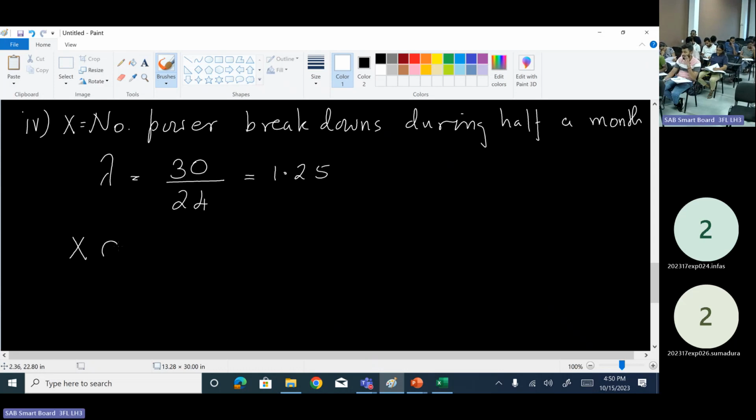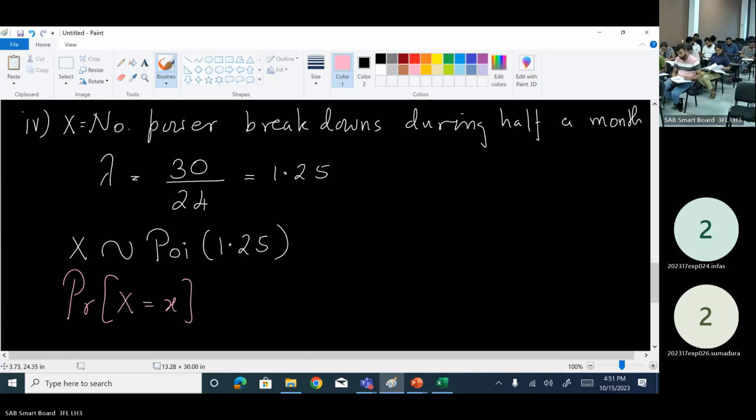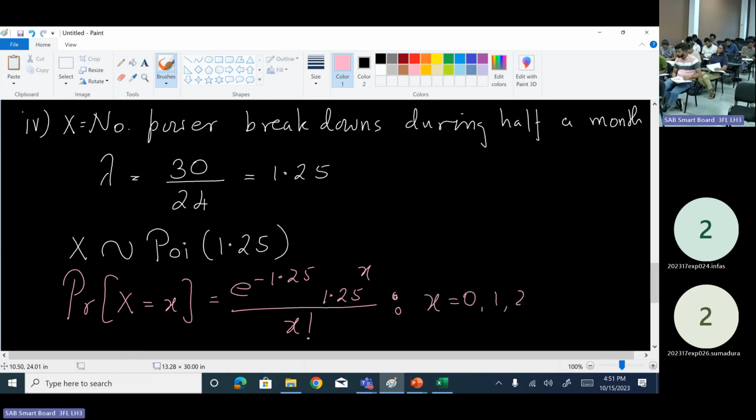So X follows Poisson with 1.25. So the probability function P(X = x) equals e to the power of minus 1.25, 1.25 to the power of x over x factorial. So x can be 0, 1, 2.